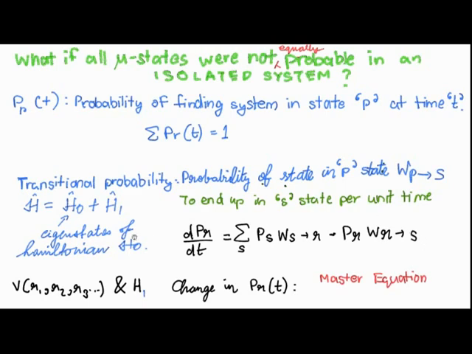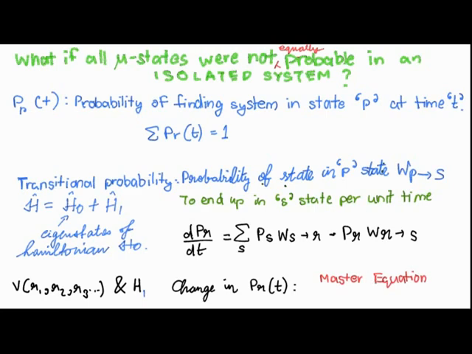And a statement of this form, right? So how many systems are entering state R from different S states, and how many systems from R are going away to state S? So such an equation is called the master equation. It's a very generic equation.